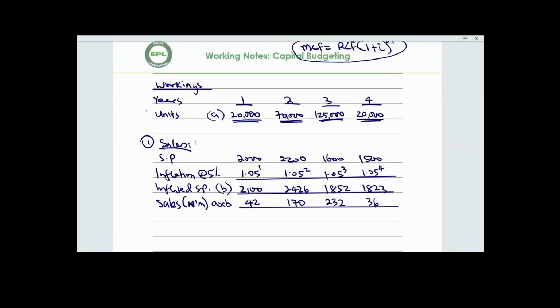That's why we inflated it: from 2,000 naira to 2,100 in year one, from 2,200 to 2,426, from 1,600 to 1,852, and from 1,500 to 1,823. So we have inflated the selling price already, and to get the sales, you multiply by the number of units. That's what we have done so far.